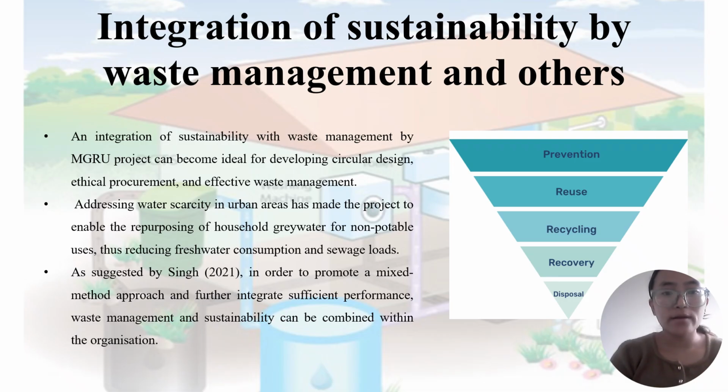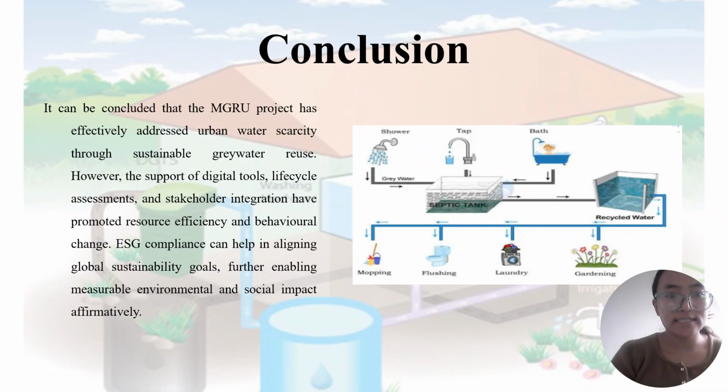For the mobile greywater recycling unit, sustainable procurement, stakeholder engagement, and performance metrics have helped in managing the recycling rates and biodegradable usage to support its role in long-term environmental stewardship. Moving to the last slide, the conclusion part.